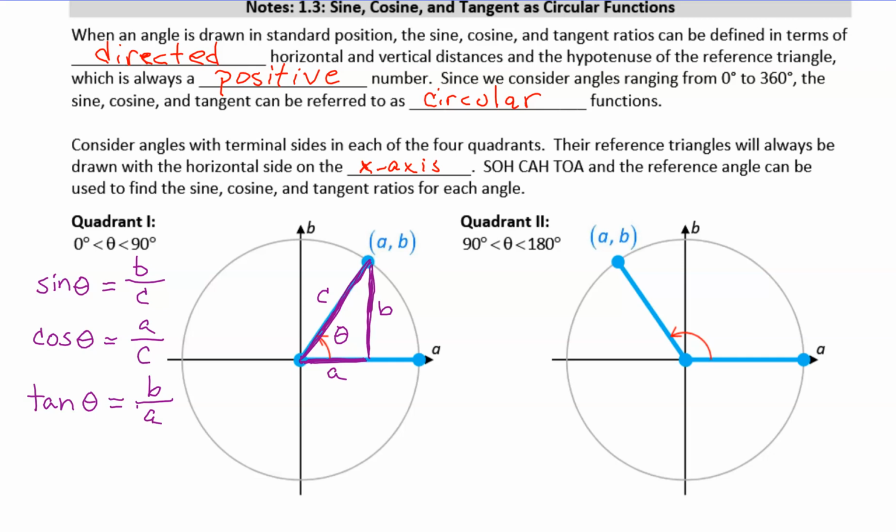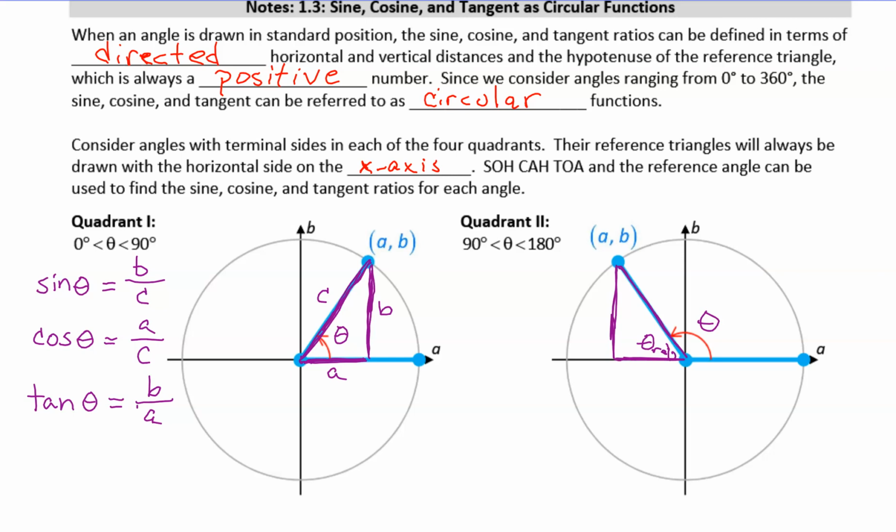Now let's look at an angle in quadrant 2. Theta is the angle as rotated from the positive x-axis to the terminal side of the angle. We can draw a reference triangle with the horizontal side on the x-axis, the vertical side parallel to the y-axis, and the terminal side as the hypotenuse.